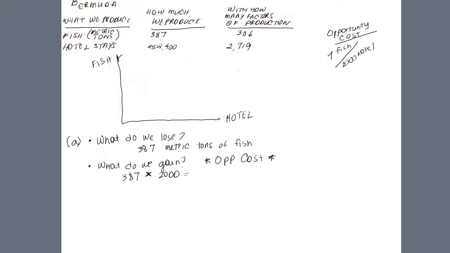Now, it's not over because we had hotel workers already working who had produced 554,400 hotel stays before.